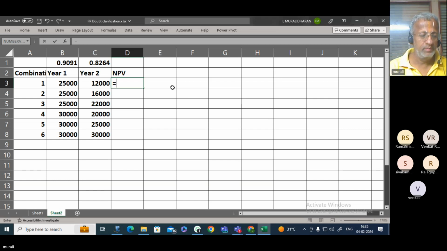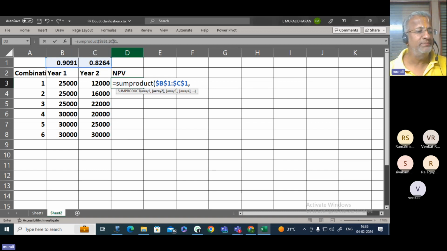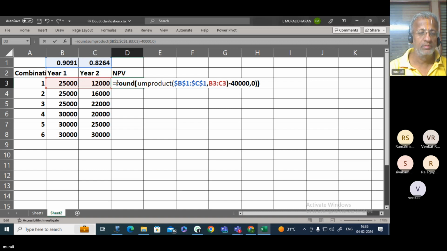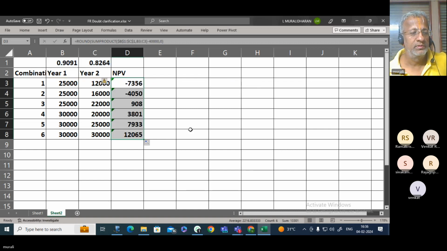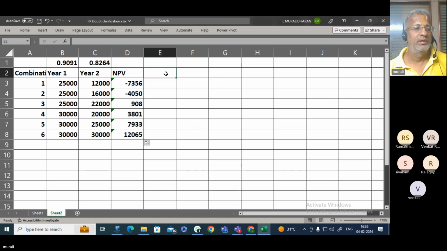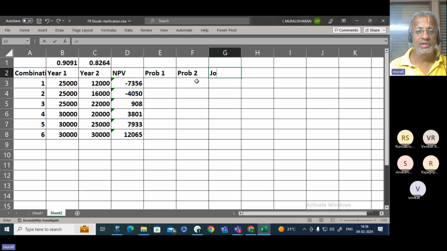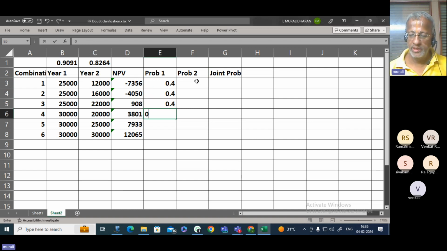Into the sum product of the cash flows with the discount factors, minus 40,000. Then probability 1, probability 2, then joint probability. How much is that? 0.4, then 0.6.